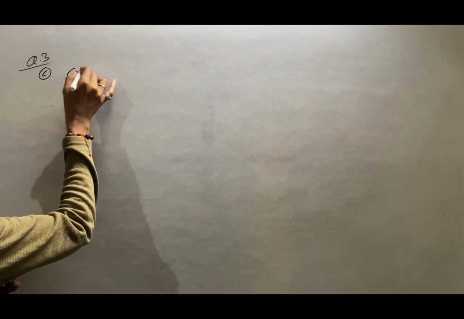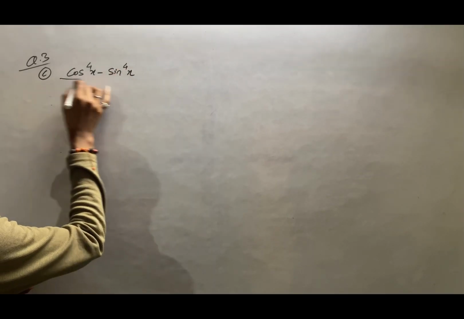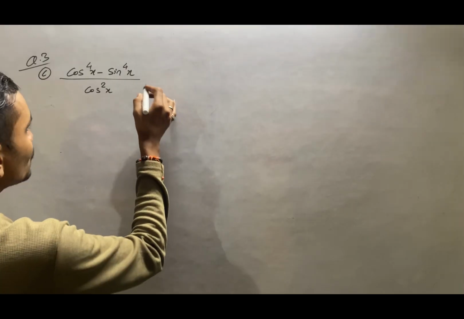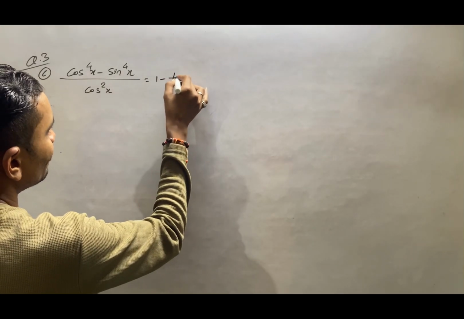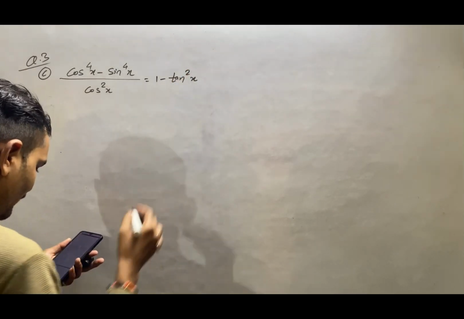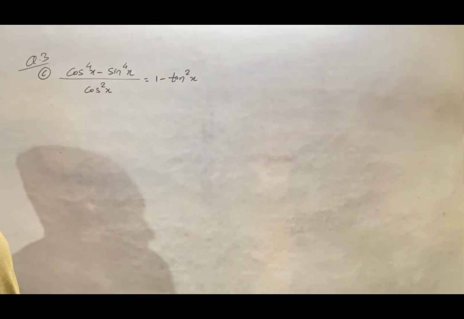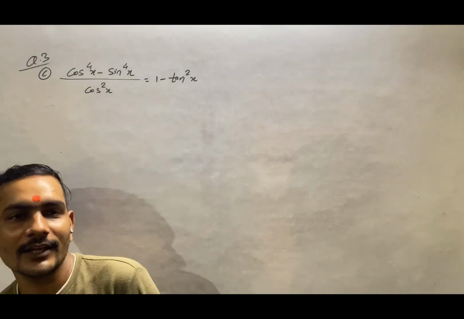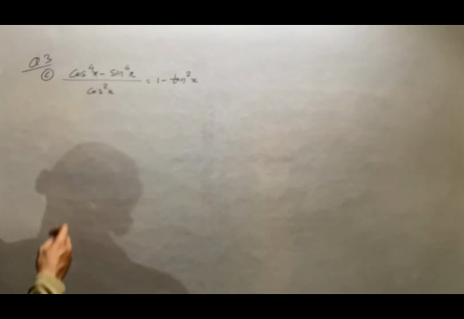So we have cos raised to 4x negative sine raised to 4x over cos square of x. That is, first we have to prove 1 negative tan square of x. Now, what can we do in this question? In the numerator, we will again apply the a square negative b square.